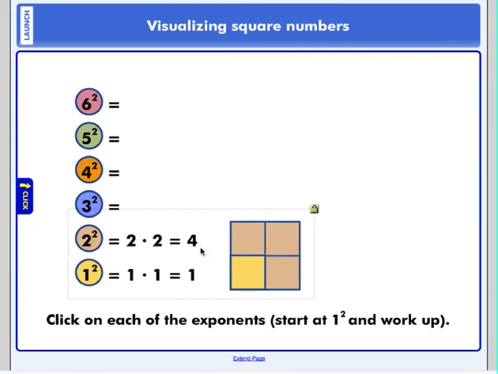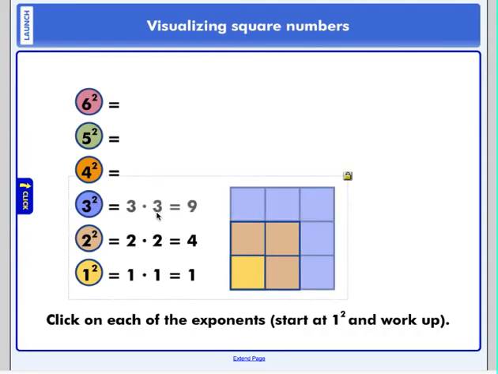Now 2 squared is another way of saying or naming the square number 4. There are 4 total boxes, but they can be arranged into 2 rows and 2 columns. 3 squared means that we have 3 rows, 3 columns, for a total of 9. So 9 is a square number.